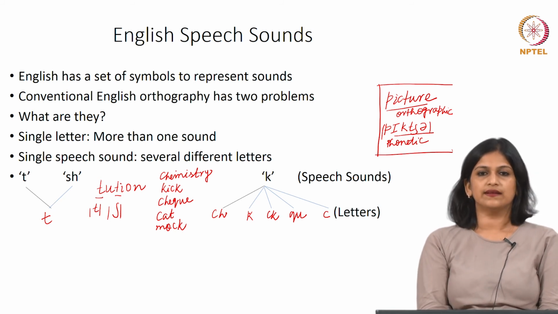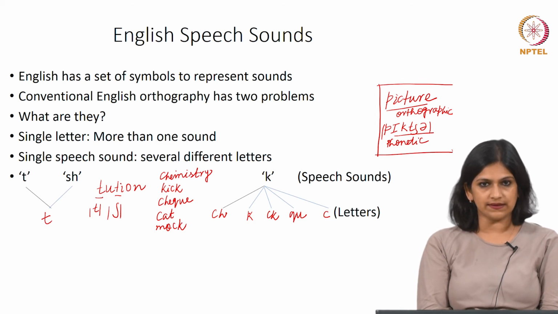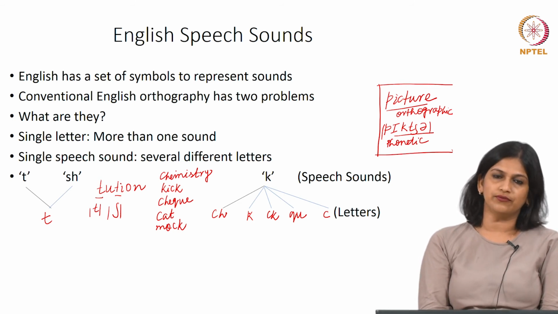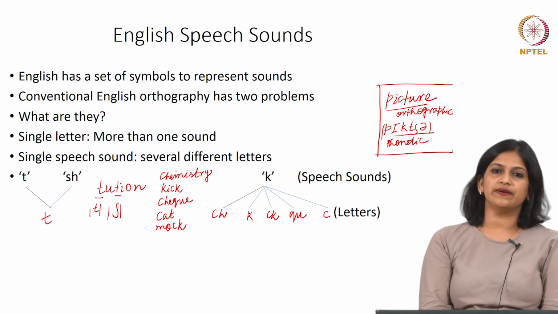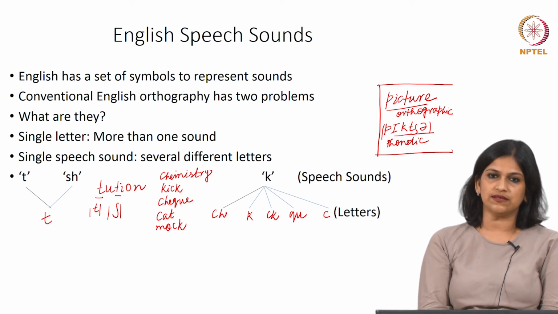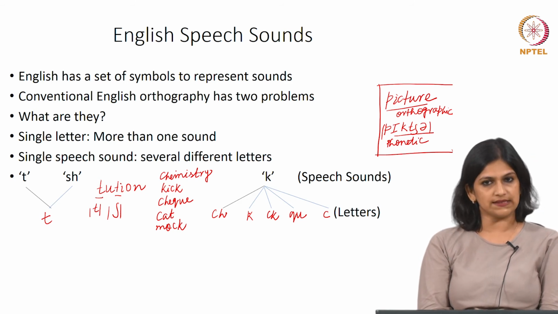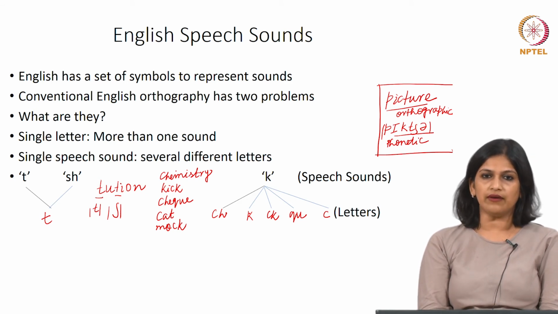I said the English alphabet has 26 letters, and these 26 letters correspond to 42 speech sounds, right. When you say 42 speech sounds, some of them are vowel sounds and some of them are consonant sounds. How many vowels do we have in the alphabet of English? 5.